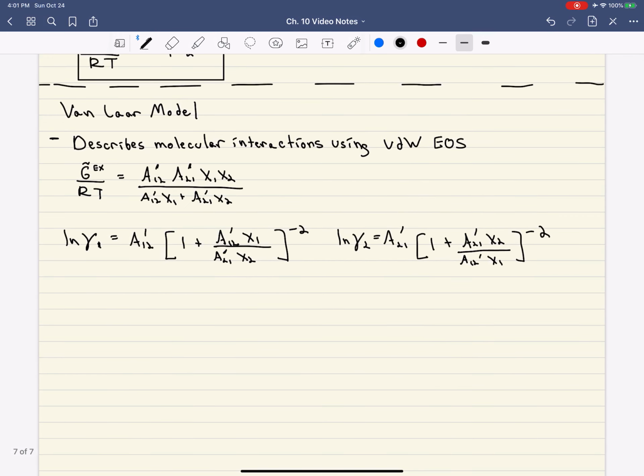Okay. All right, so the Van Laar model is just another example, another model for describing the excess molar Gibbs energy.